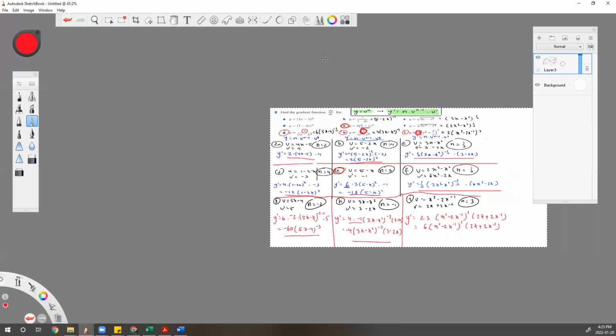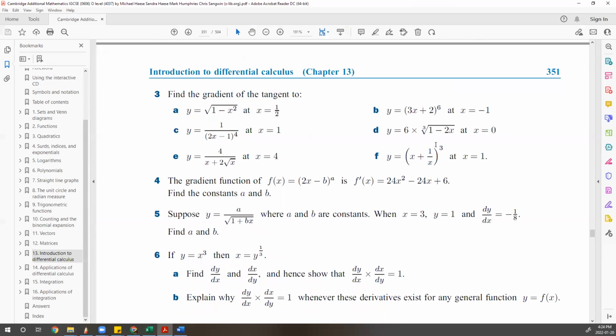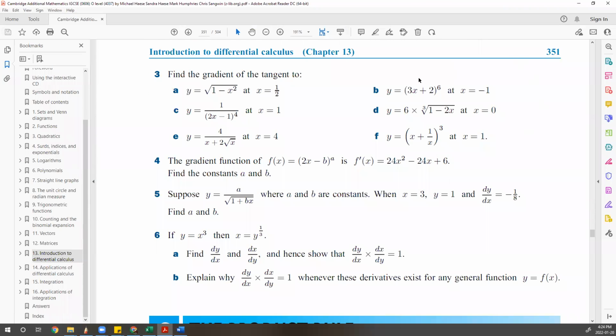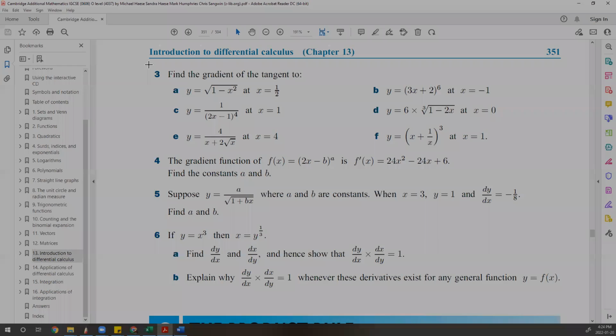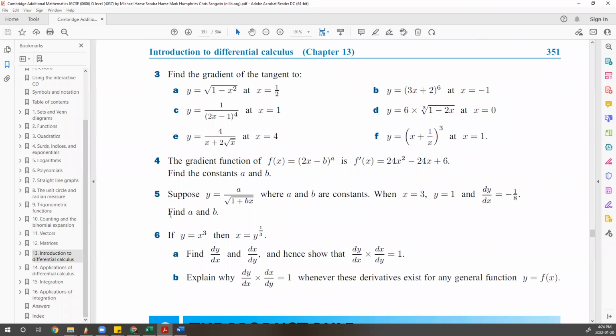Still so much to do. I will copy this and let's do number 3. Find the gradient. It's the same, by the way, but what's the difference? You have to substitute the x at the end of the question.